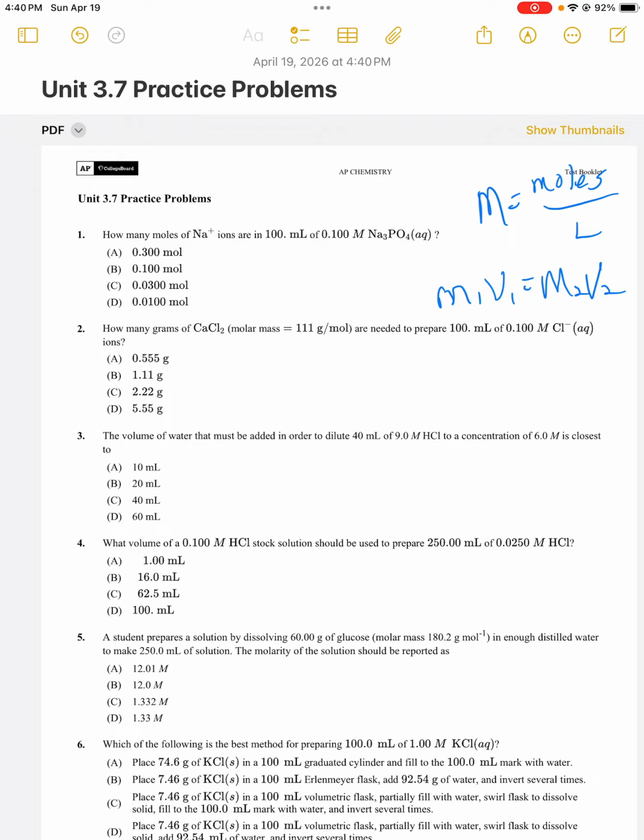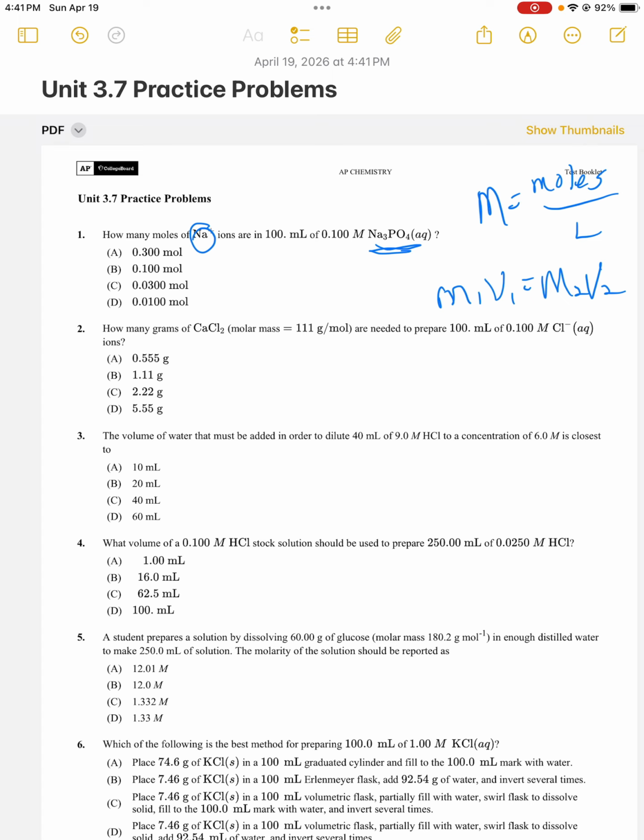One of the things they really like to do is break out cation or anion when there's more than one in a compound. So how many moles of sodium ions are in 100 milliliters of 0.1 molar sodium phosphate?